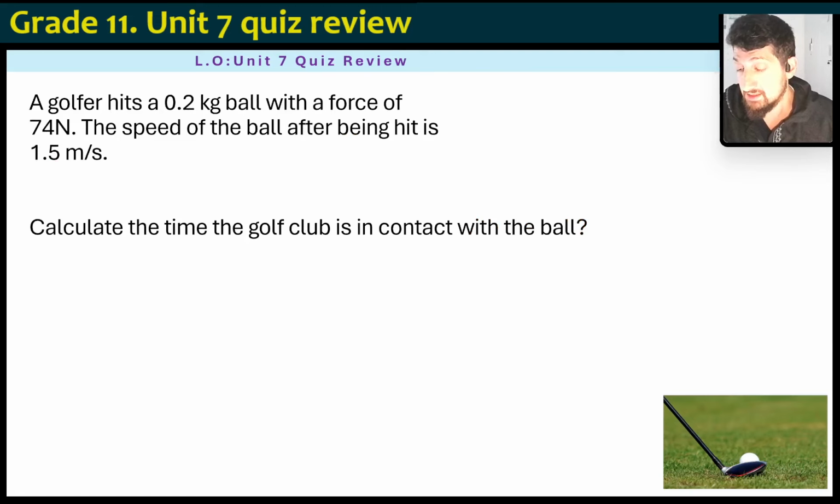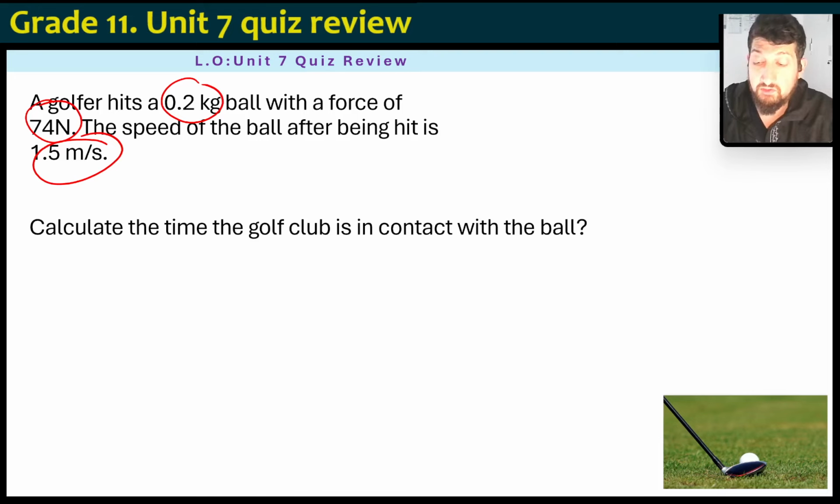A golfer hits a 0.2 kilogram ball with a force of 74 newtons. So this time we've got the force. The speed of the ball after being hit is 1.5 meters per second. So we've got the mass, we've got the force, as well as the velocity, and we would like to know the time. So I can work out the momentum.